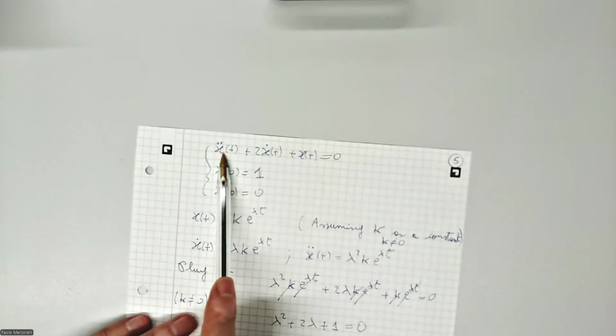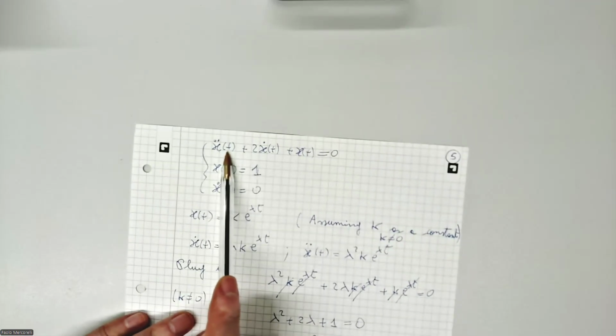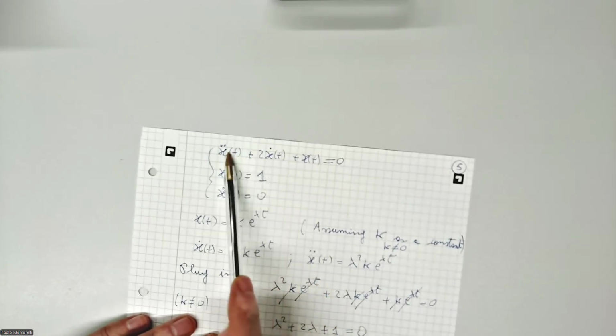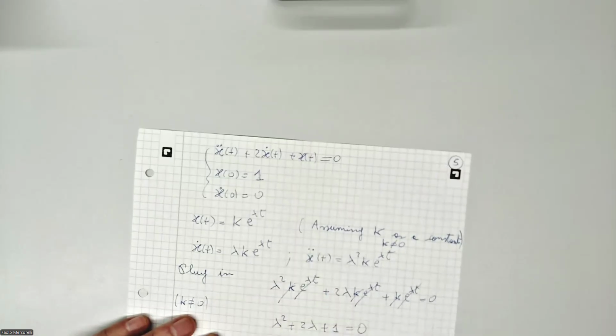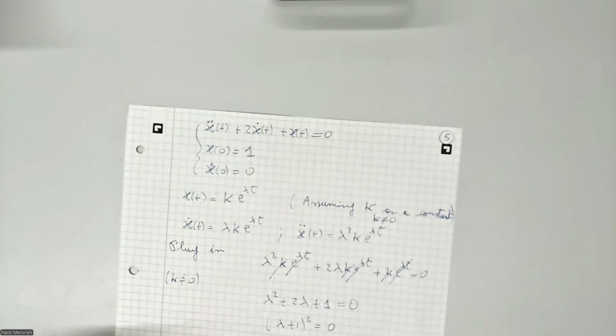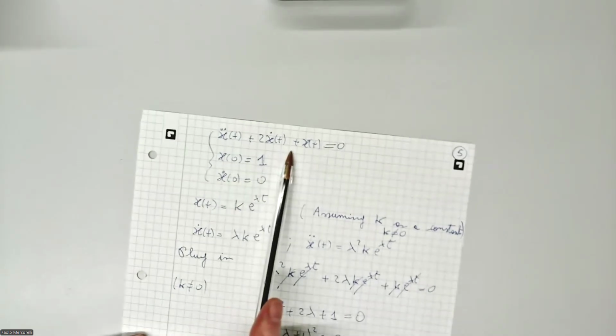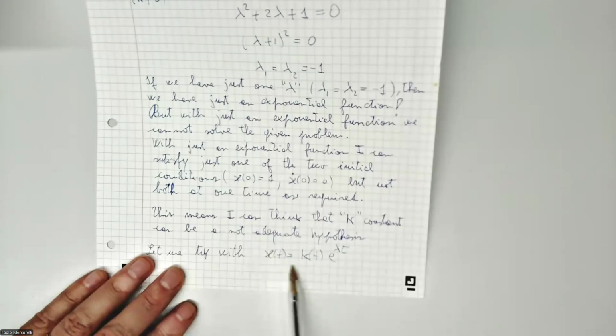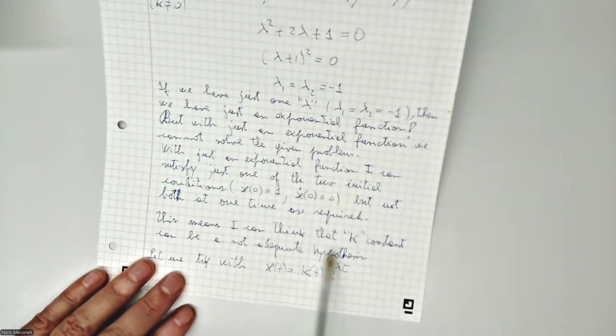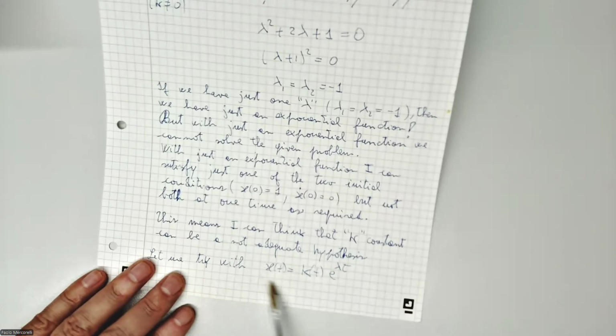Because the derivative of an exponential function is an exponential function, and the second derivative of an exponential function is an exponential function. I can think that this condition is satisfied by an exponential function. But in the same way, I can think that the solution could be something related to a polynomial, because the derivative of a polynomial is again a polynomial. Okay, let me try. There is also a different interpretation, but let me try this.